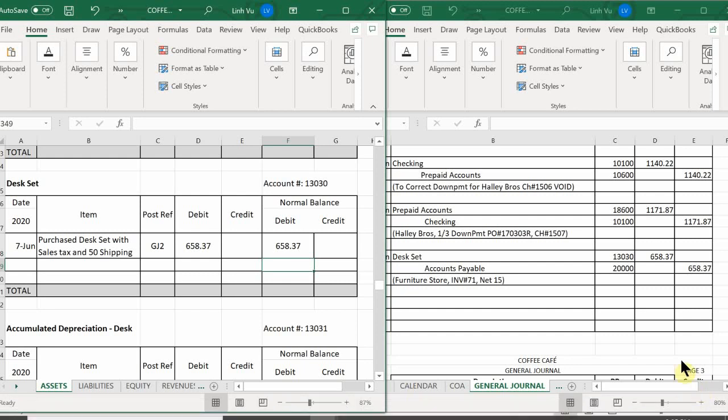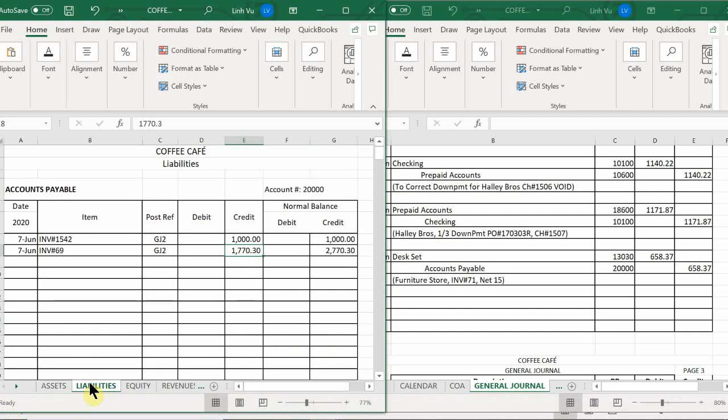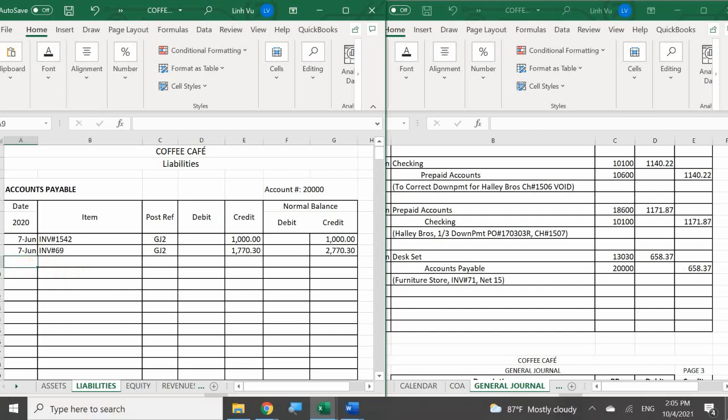Accounts payable, which is a liability. Here we go, at the top of the window, liabilities. Accounts payable for 6/7, invoice number 71, because you could pull up the invoice at any given time and know exactly what that is.